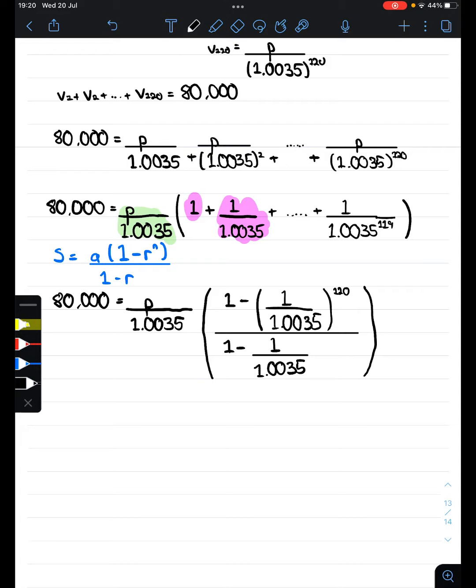If we put that into the calculator, we get 1 minus 1 over 1.0035 to the power of 120, over 1 minus 1 over 1.0035. And this will equal 98.19.